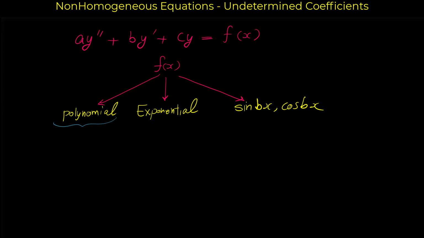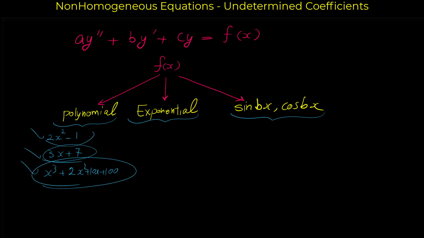Let me show you some examples of each of these types of functions. Polynomials like the previous example, or something like 2x squared minus 1, 3x plus 7, x to the 3 plus 2x squared plus 10x plus 100. These are different polynomials. This one is degree 3, degree 1, degree 2.